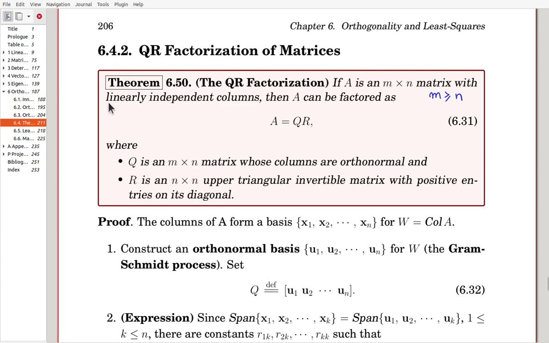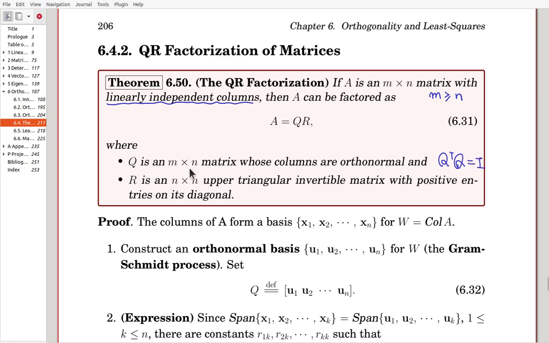Now, here the condition is it has linearly independent columns, then A can be factored as QR. Q is an m by n matrix whose columns are orthonormal, which means that Q transpose Q is identity.